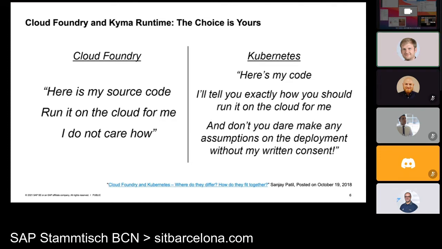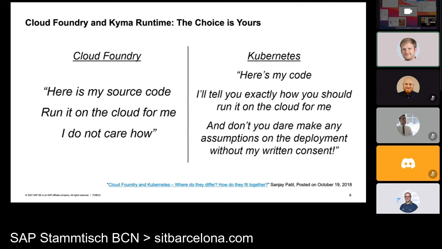Whereas Kubernetes is closer to the infrastructure, the cloud infrastructure for running your code, and you can really control how your code is being executed. So you develop something, you typically wrap it up in a Docker container, and when you then deploy this to the business technology platform, or to any other Kubernetes platform, you can exactly define how it's executed, which means how many resources you want to assign to it.